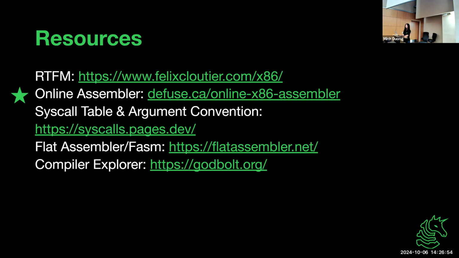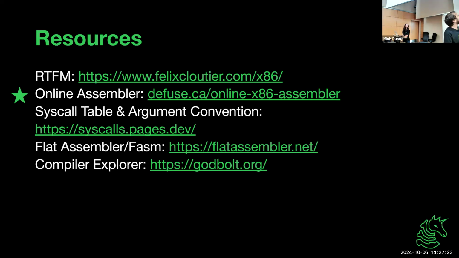A tool I really like using is this online assembler. You can just write some assembly, hit x64 and hit assemble, and it'll put out a byte string that you can just throw into Python and send over the wire if you need. If you want to look at how syscalls are called, this is a very nice page to look at the table of syscalls and their arguments and what needs to go into what register.